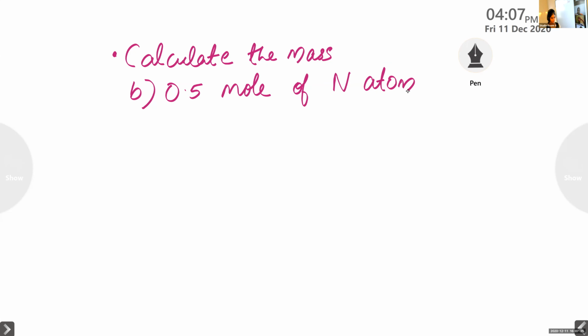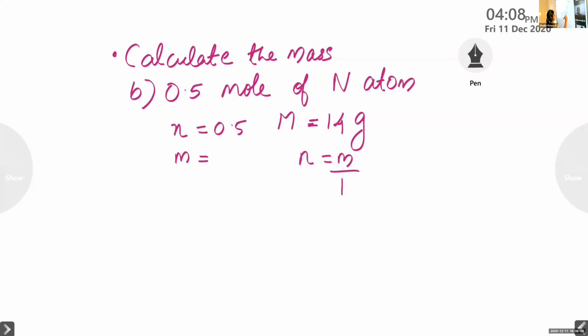It's small letter n, that is equal to 0.5. Then we have to calculate m, right? Then what will be the capital M or the molar mass of nitrogen? Here it is a nitrogen atom, so capital M is 14 gram.